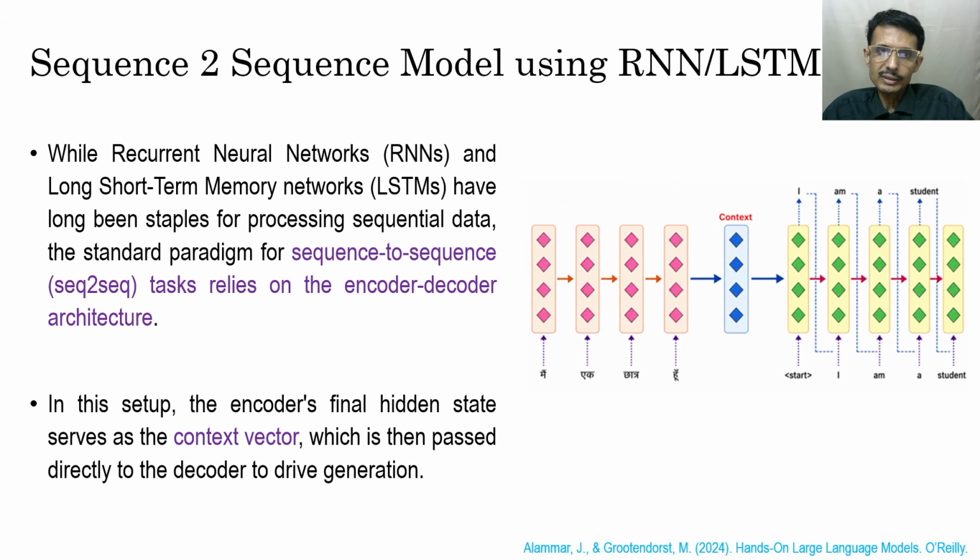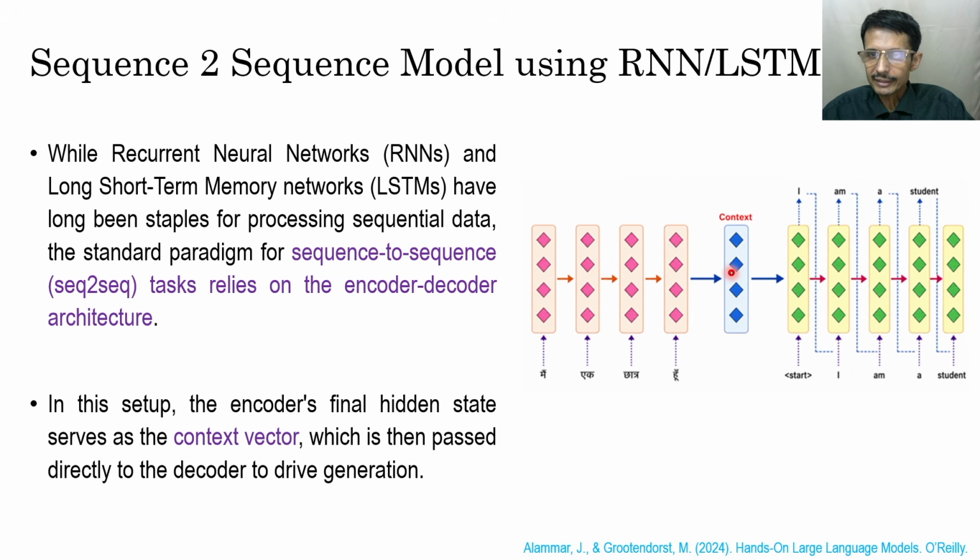So the sequence to sequence task relies on encoder decoder architecture, like this particular image here. You can see here that there is the encoder part. That means some input sequence is coming. Then this input sequence is processed to extract the meaning of the input sequence.